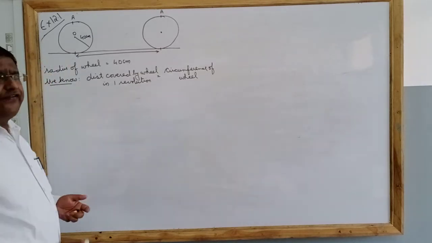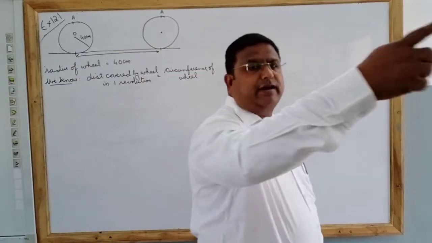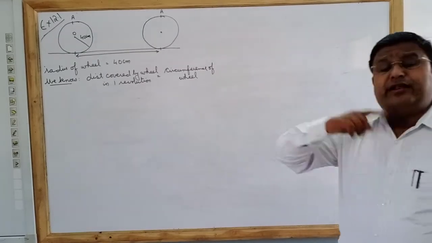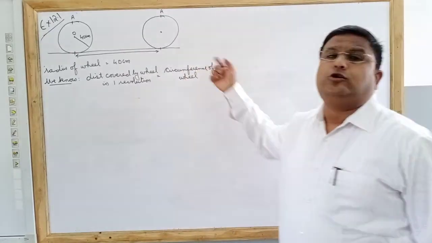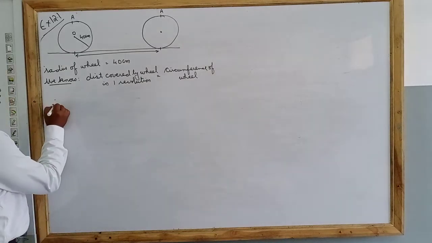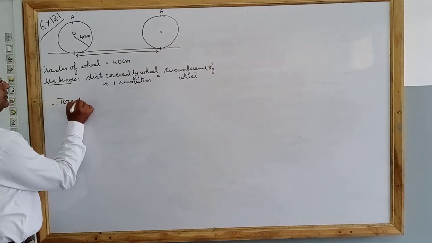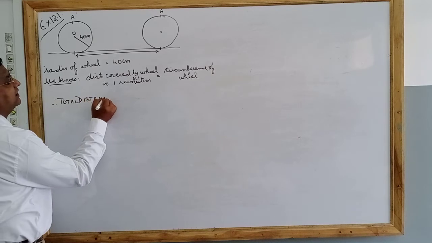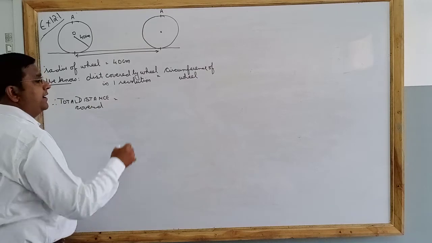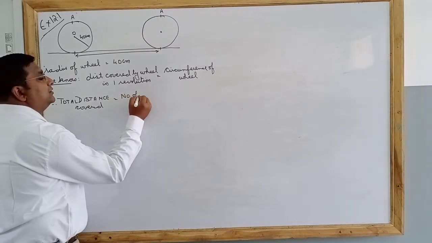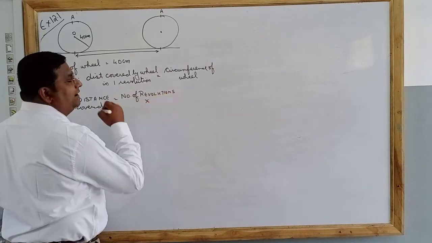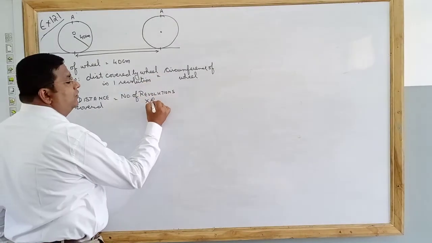Definitely the wheel does not turn just once to cover a certain distance. The wheel of the car, the wheel of the bike or anything, it revolves several number of times to cover a certain distance. So we can say, therefore, total distance covered is equal to the number of revolutions multiplied by the circumference of the wheel.